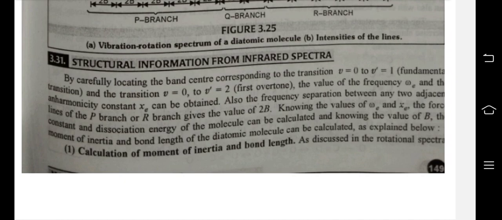Also, the frequency separation between any two adjacent lines of the P branch or R branch gives the value of 2B. Knowing the value of ω_e and x_e, the force constant and dissociation energy of the molecule can be calculated, and knowing the value of B, the moment of inertia and bond length of the diatomic molecule can be calculated as explained below. Calculation of moment of inertia and bond length.